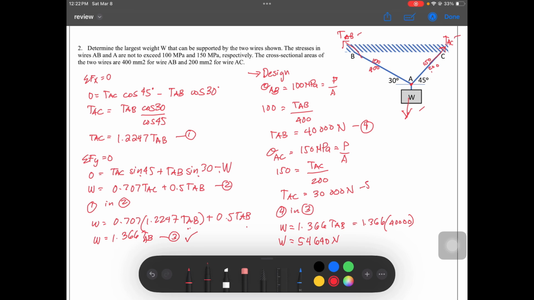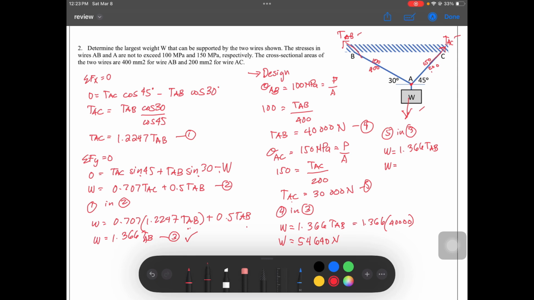What if yung isa naman, si TAC, sabihin natin 5. So, 5, substitute natin in 3. So, equation 3 is W equal 1.366 TAB. So, equation 5 is TAC. Let's substitute or use an equation with TAC dito.